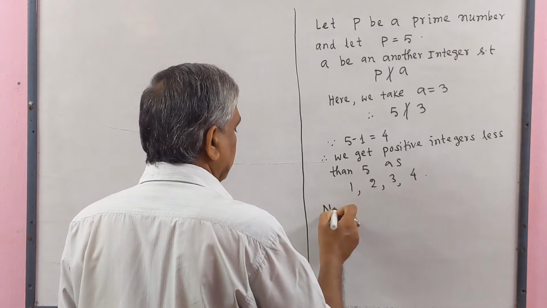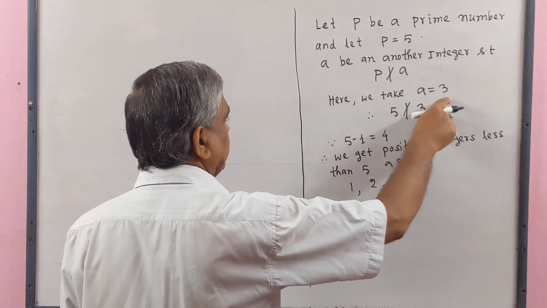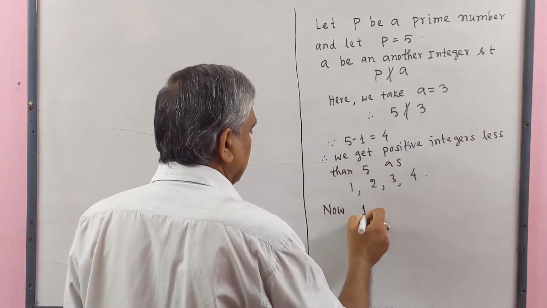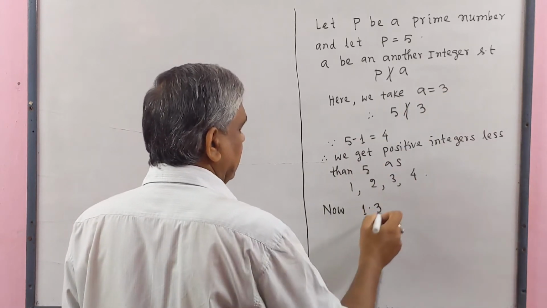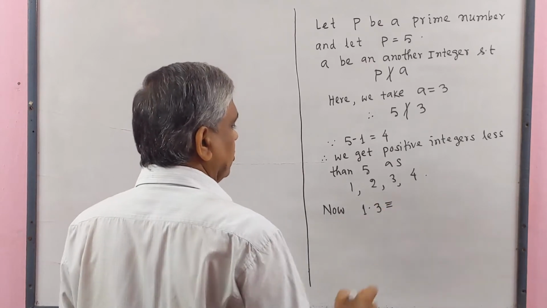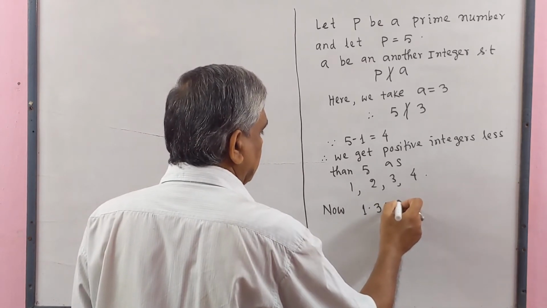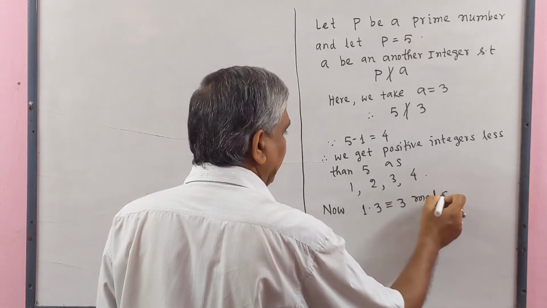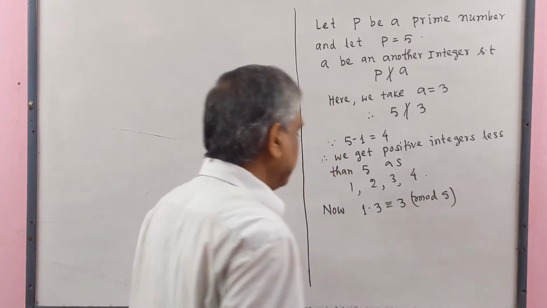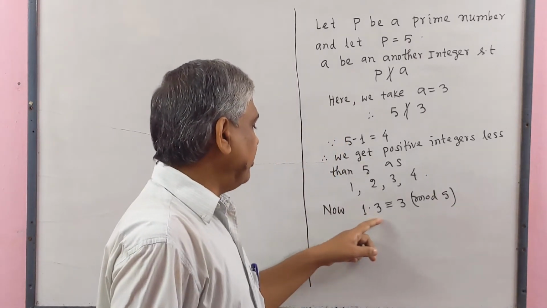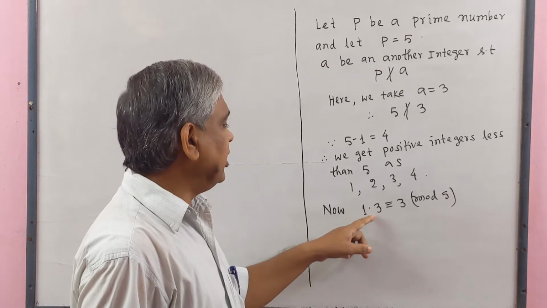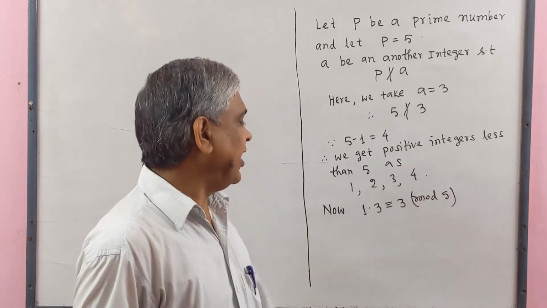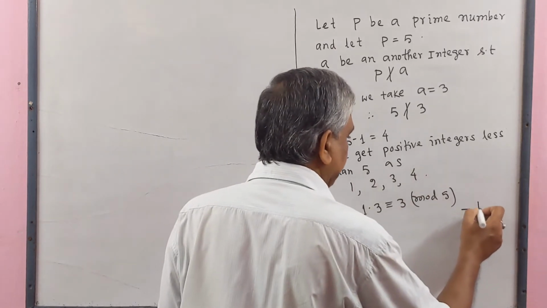Now, A equal to 3, we take 1 multiply 3. 1 multiply 3 is congruent to 3 modulo 5, because 1 multiply 3 is 3. 3 minus 3 equal to 0, which is divisible by 5. Let this is number 1.